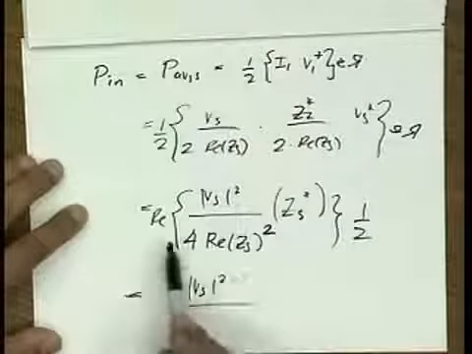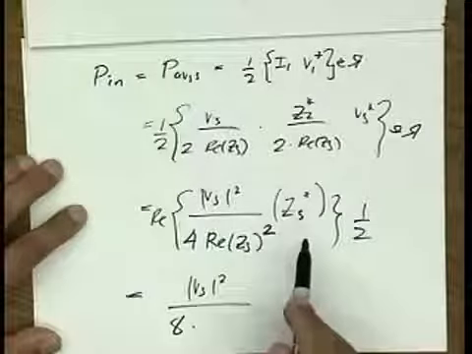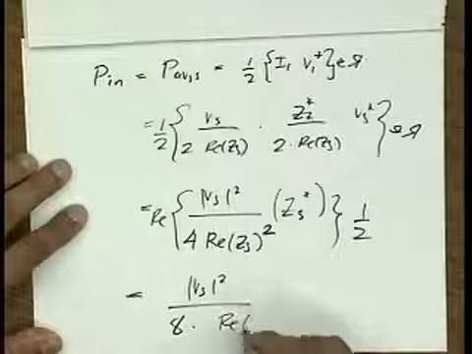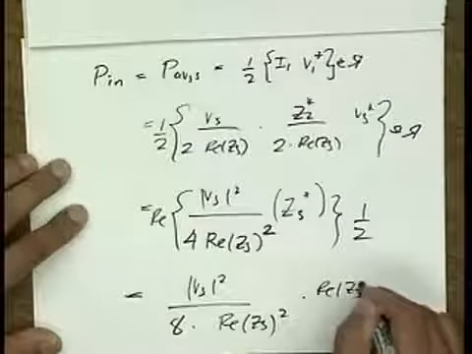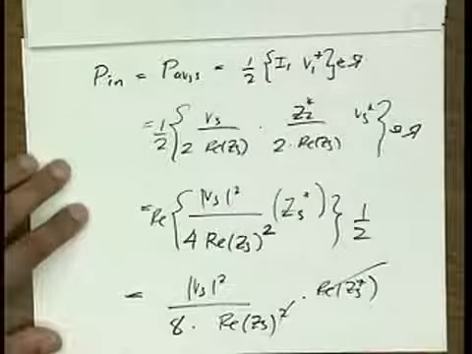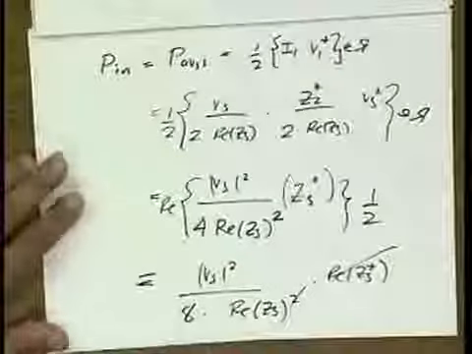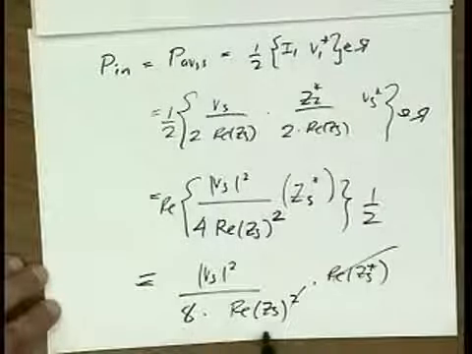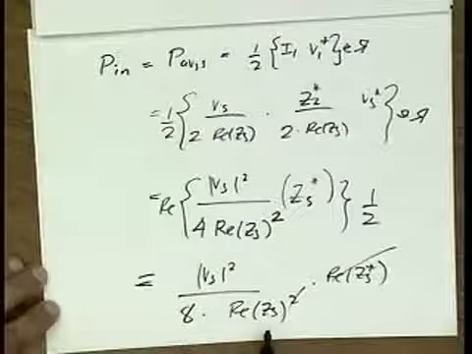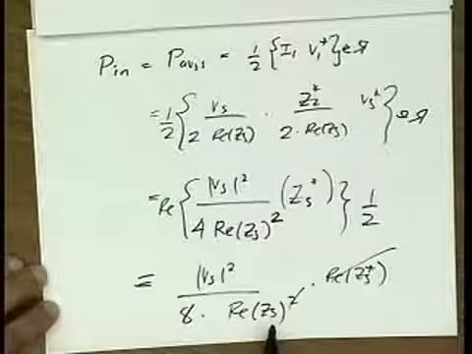This is all real, so I just take the real part, and I get real part Zs squared times the real part Zs star, which is the same thing, and that goes away. So the available power from the source is Vs squared divided by 8 times real part of Zs squared. Okay?